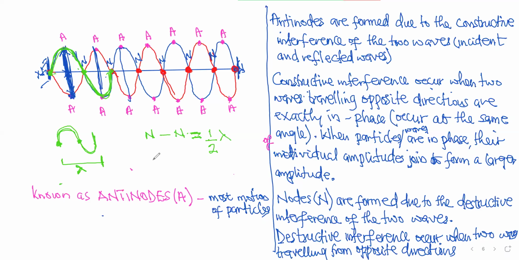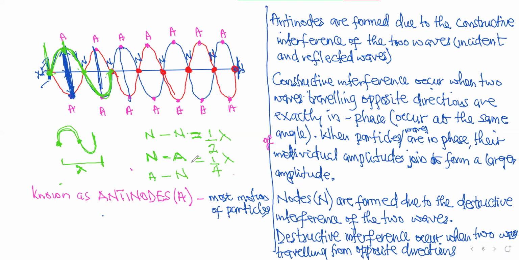Now, what about the wavelength of a node and then its adjacent antinode? This is a node, from here to here. So what is the wavelength? 1/4 lambda. So this is also quarter lambda. Note that node to antinode or antinode to node, the value is the same.